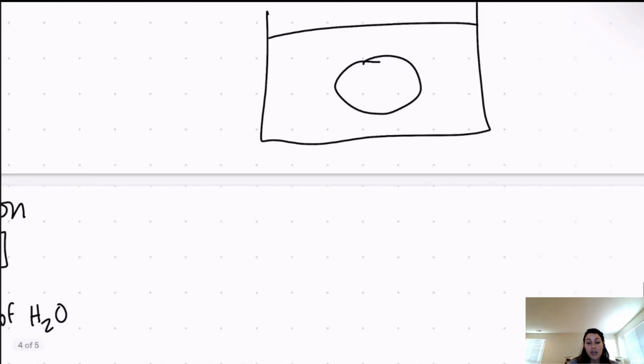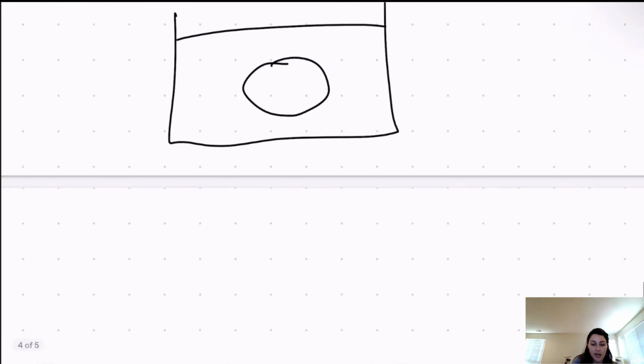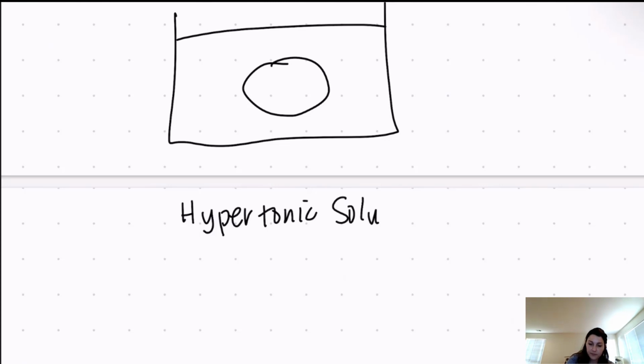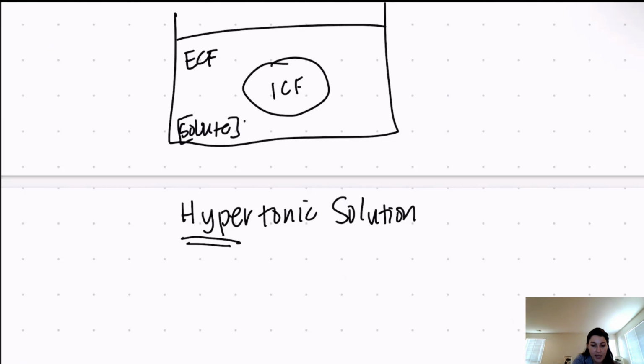But if we were to change that situation and have something called a hypertonic solution, hyper means like too much. So a hypertonic solution means that in the ECF and the ICF, the ECF solute concentration is higher compared to inside of the cell.